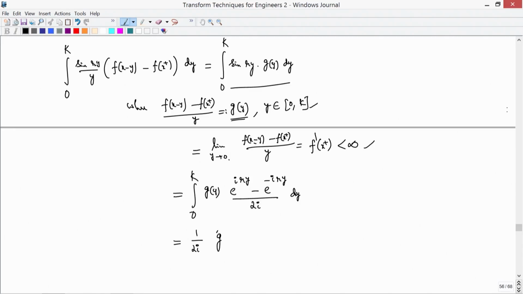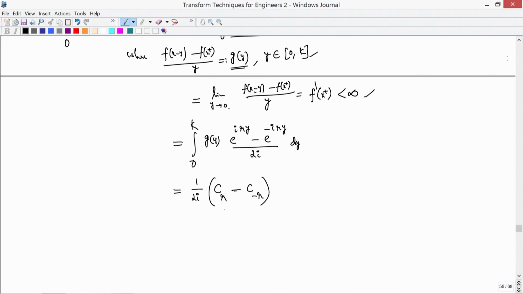Let me use the same notation, C r, the coefficient here, minus C minus r. Taking out minus i, you make it plus, so this is C r and this is C minus r; both are the same.